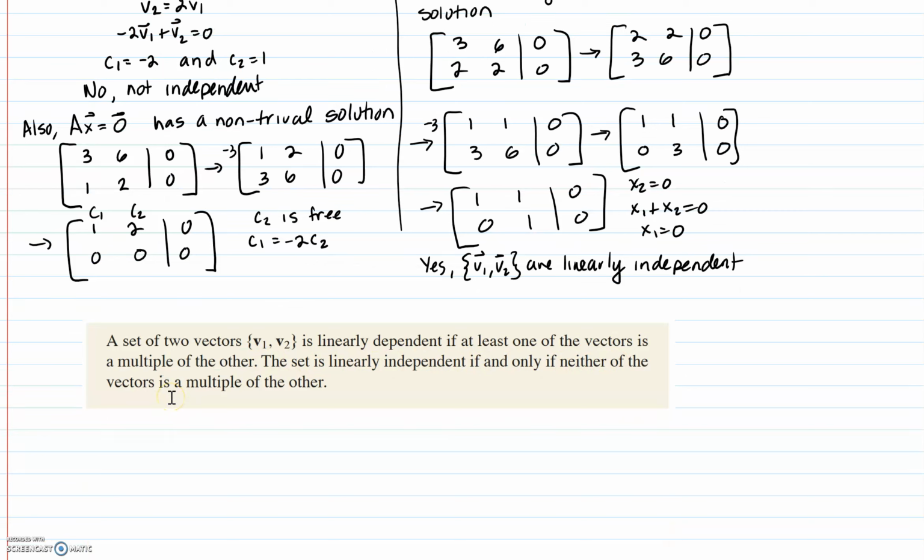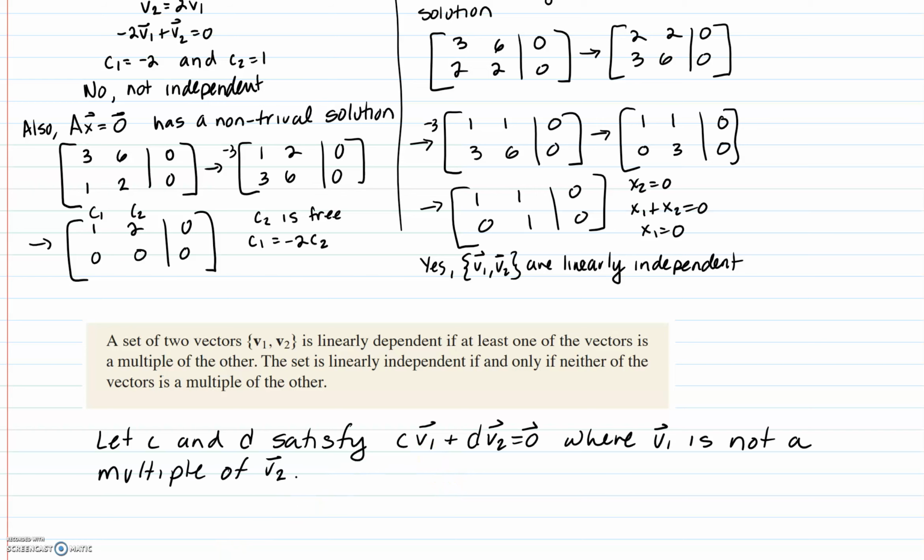So what we're going to do is let c and d satisfy this equation, c v1 plus d v2 equaling 0, where v1 is not a multiple of v2. If c does not equal 0, then v1 is negative v2 over c, just solving for v1. But this is impossible.